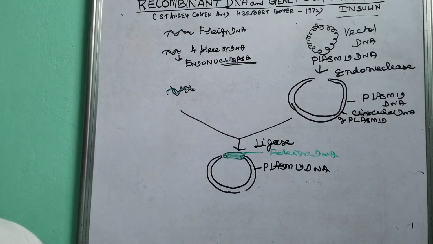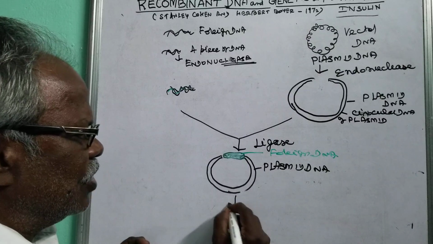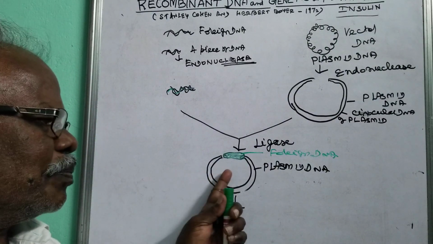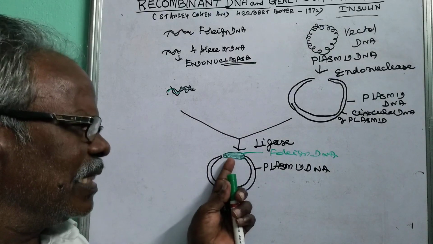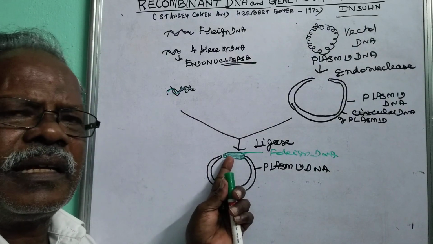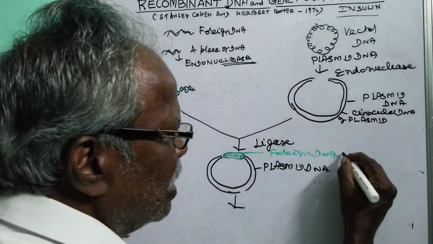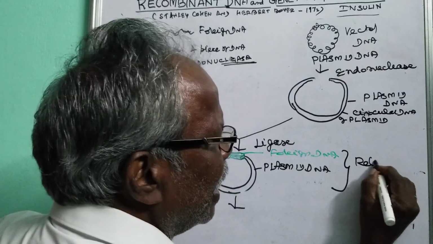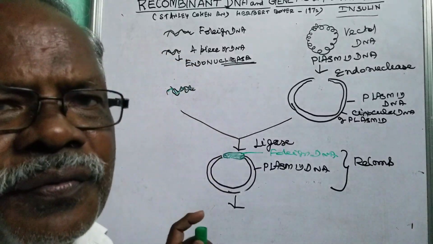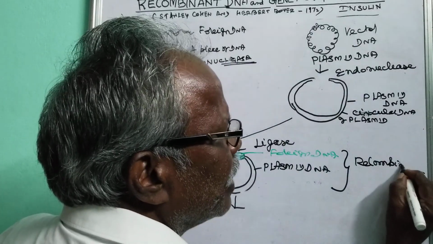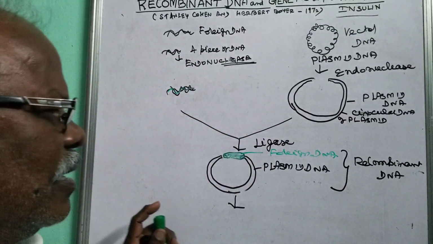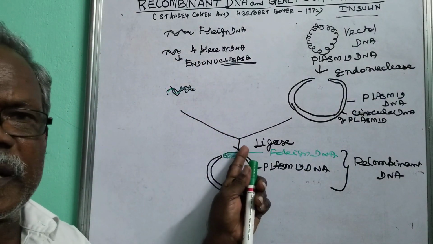Then this is inserted into a host. This plasmid DNA with foreign DNA is always called recombinant DNA, because we added the DNA of two species, the plasmid DNA and the foreign DNA.